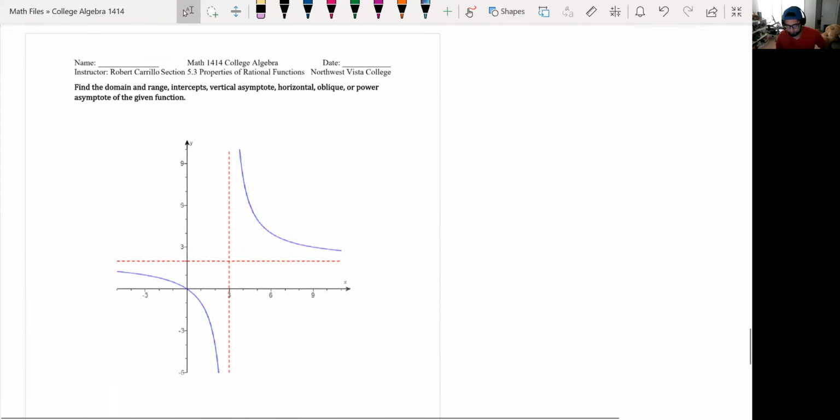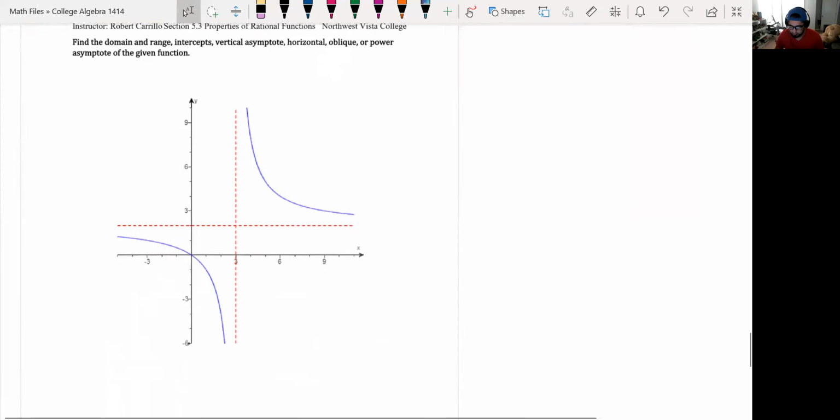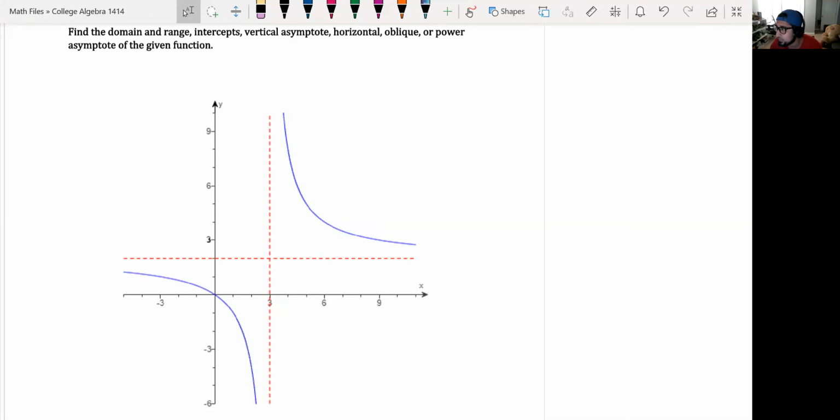Last one. Find the domain and range, intercepts, vertical asymptote, horizontal, oblique, or power asymptote of the given function. Okay, so first off, let's start with domain.